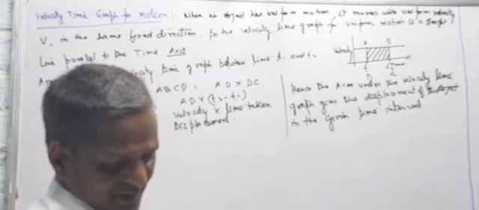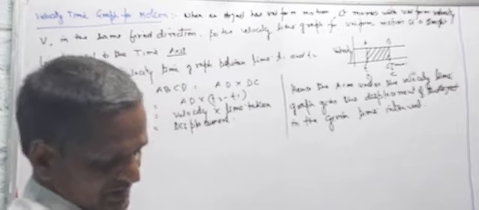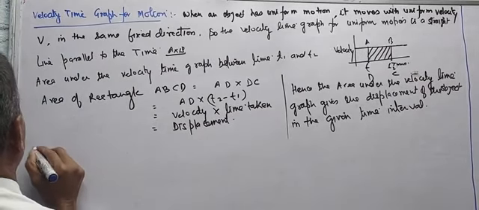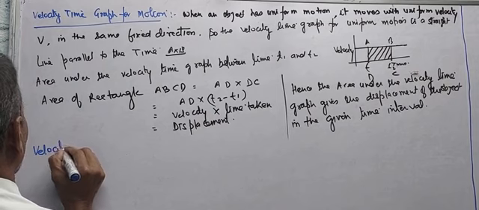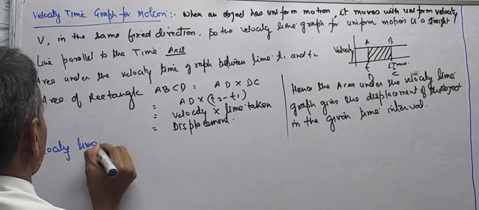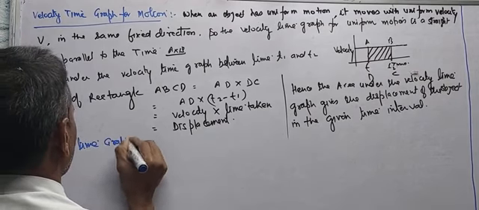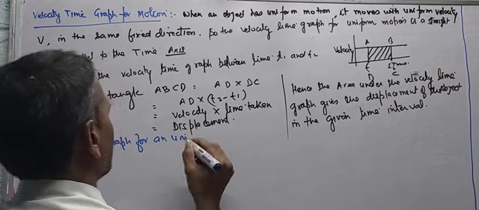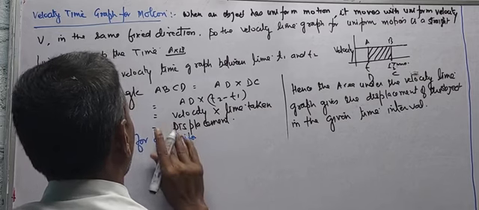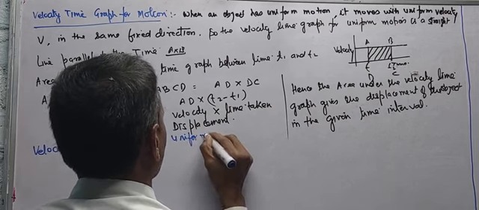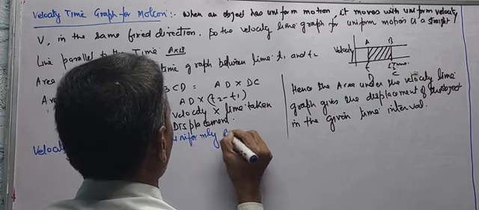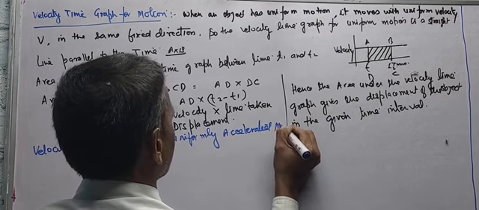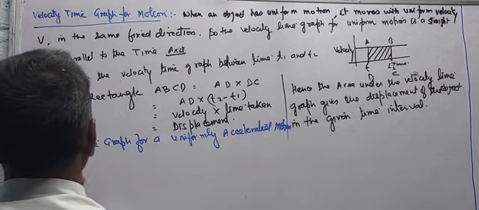Velocity time graph for a uniformly accelerated motion.